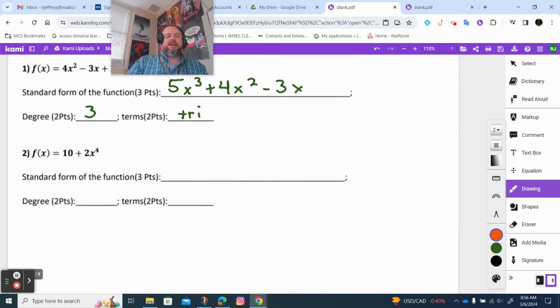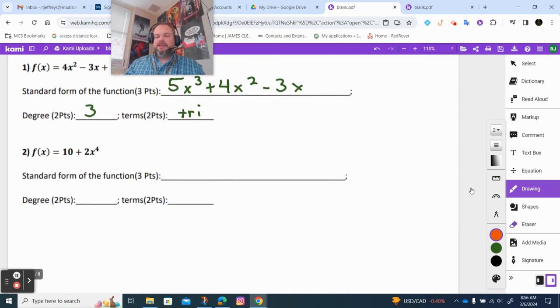Number two, the standard form of number two is the hardest one. All right. What is its degree? How many terms? There's, yep, bi.